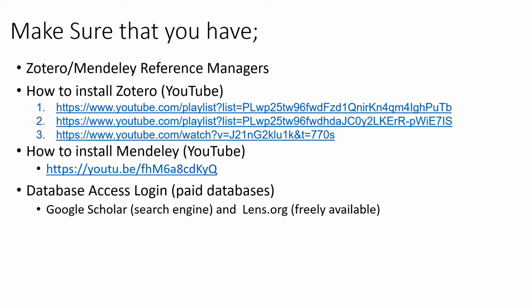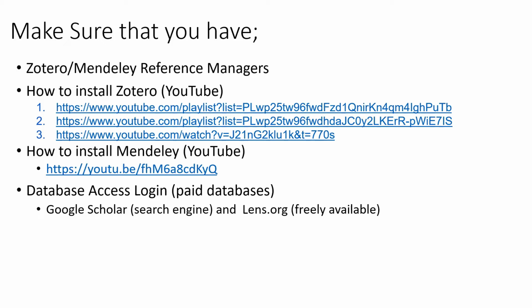Scopus and Web of Science are well designed for bibliometric analysis, and they have their own state-of-the-art features to run the systematic literature review outputs.